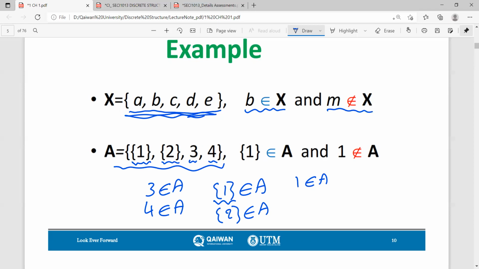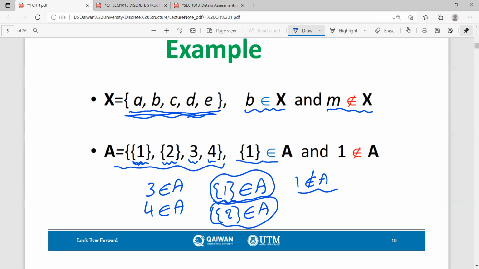Okay? As you see in the set, we have the set {1}, the set {2}, 3, and 4. 3 and 4 belong to the set A, but 1 and 2 do not. But their sets do. Here, 1 doesn't belong to A, but the set {1} belongs to A, and also {2} belongs to A, 3 and 4 also.